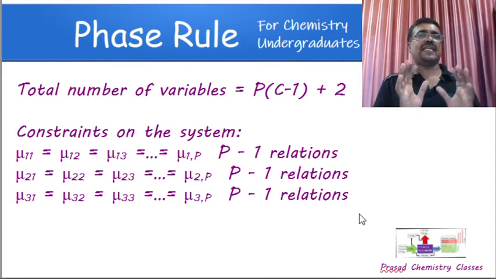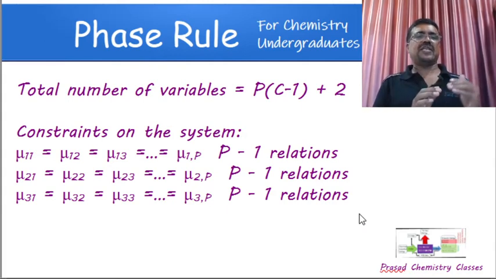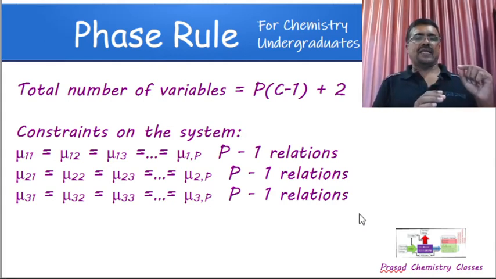That's nothing but free energy per mole of the component in that particular phase. And for a component, its chemical potential in different phases which are in equilibrium with each other should be the same. So we are applying that constraint. So you can have P minus 1 relations for each component.